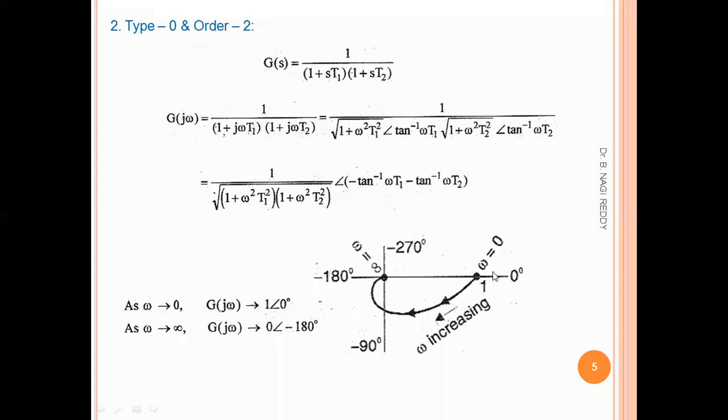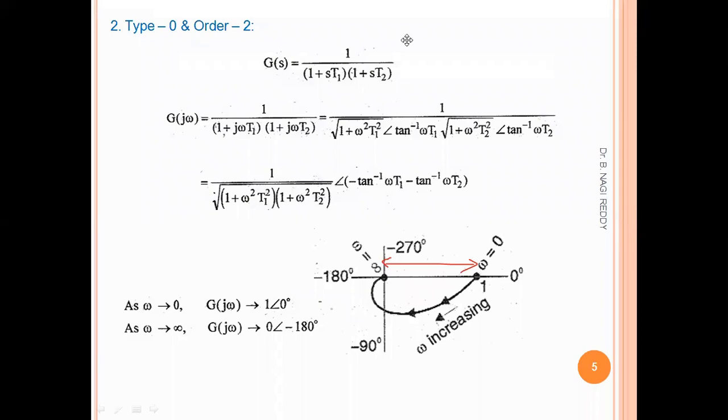So 0 means the polar graph will start at the 0 angle, and the magnitude is 1. That's why it is starting at magnitude 1. See, the magnitude of this length from 0 to this point is 1, so that's why this point is placed on the graph sheet.